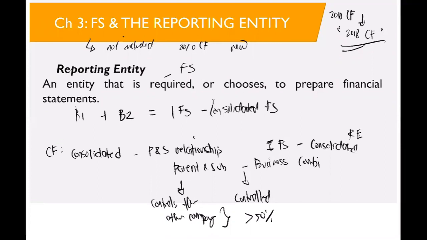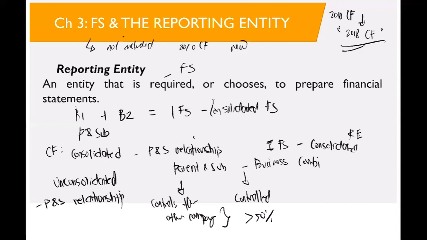So what is the relationship between business 1 and business 2? We have your parent and subsidiary relationship. Consolidated financial statement. Next, we have your unconsolidated. Under your unconsolidated financial statement, there is a parent and subsidiary relationship.